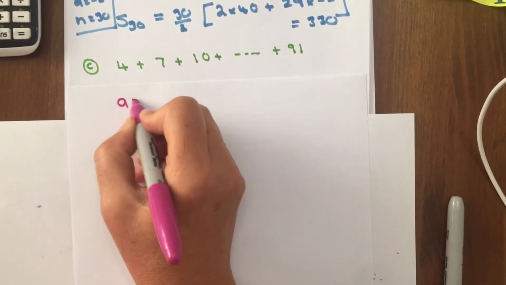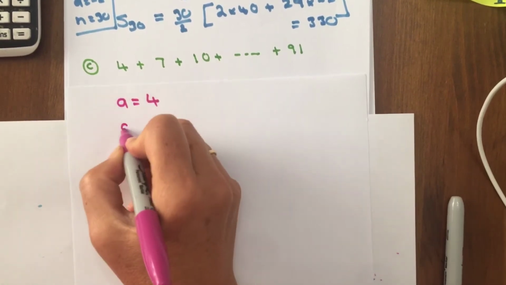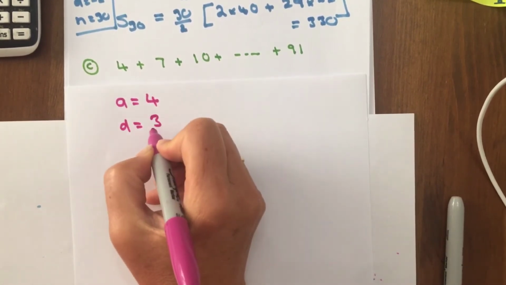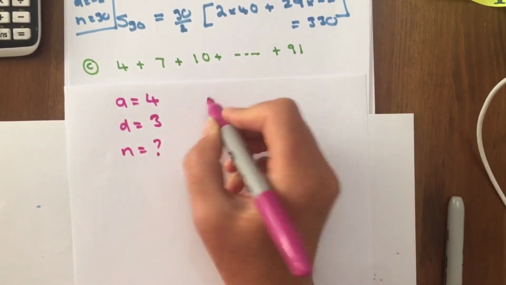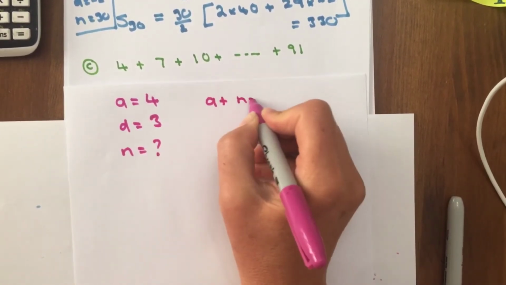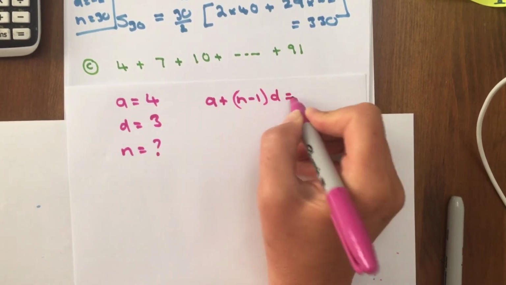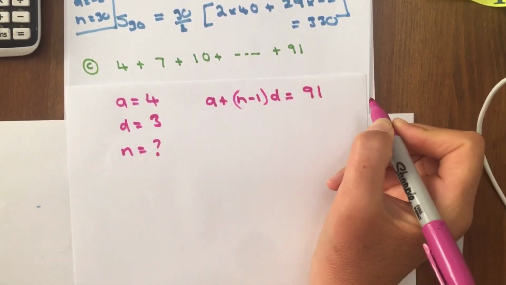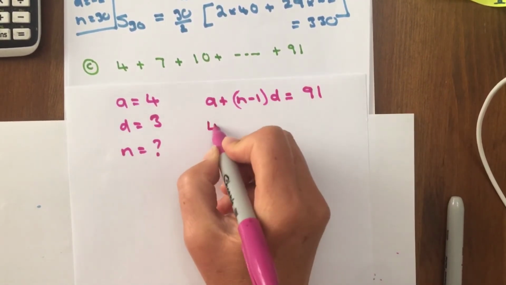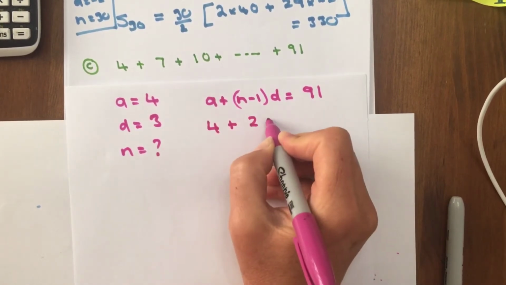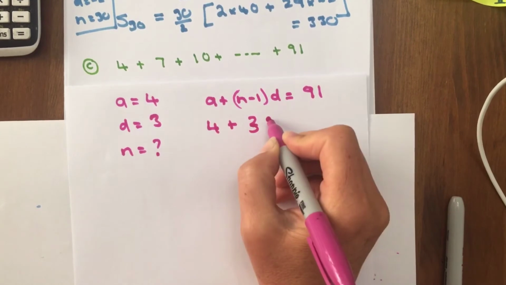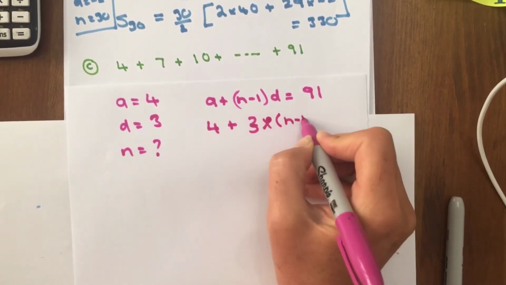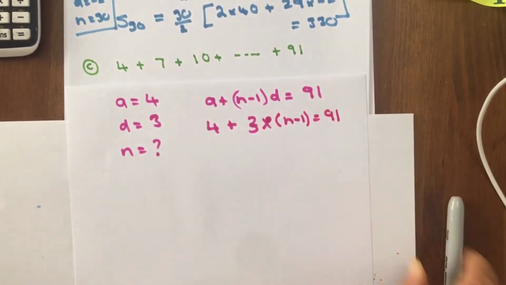So I know a, my first term. I know my common difference is going up in 3s. I don't know n, but I know my last term, and this is the rule for my last term, 91. So let's plug in 4 plus 3 times n minus 1 equals 91.